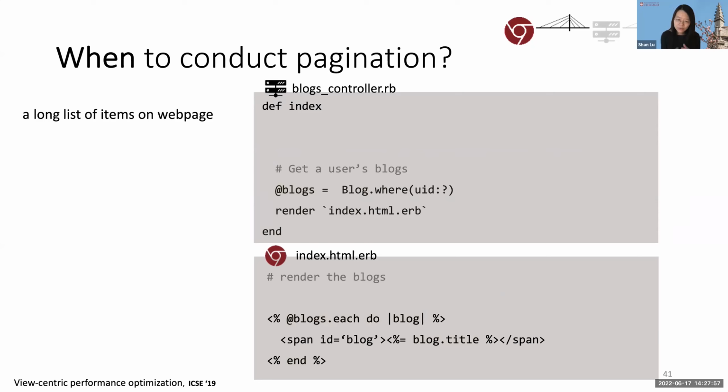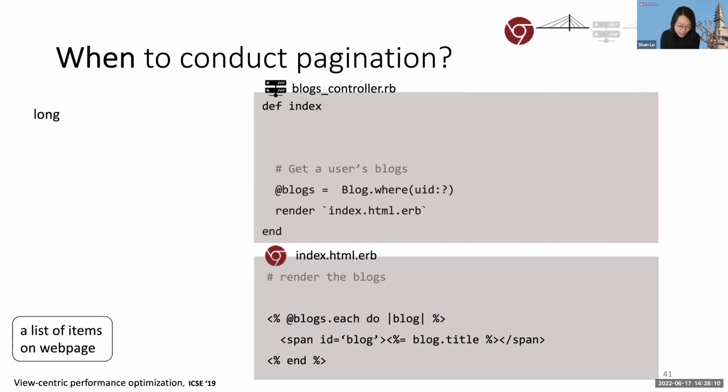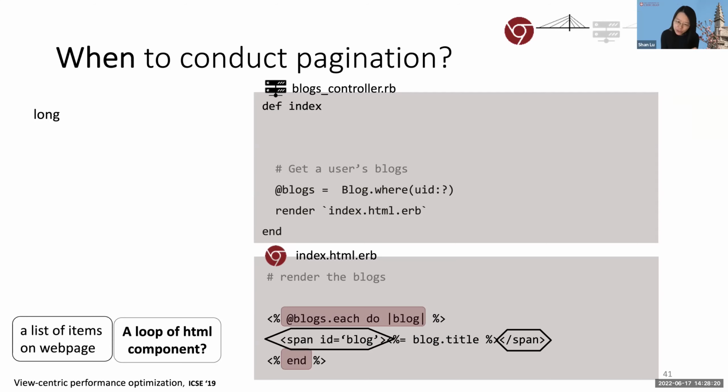Now given this example, how do we formalize this human concept of a long list of items on a web page that potentially I want to paginate? Probably you can see that a list of items on a web page seems to correspond to this code structure here, where I have a for loop, and in every iteration of this for loop, something gets displayed.